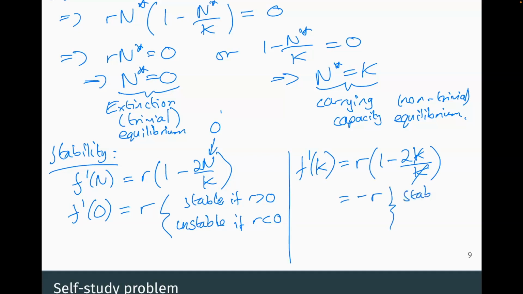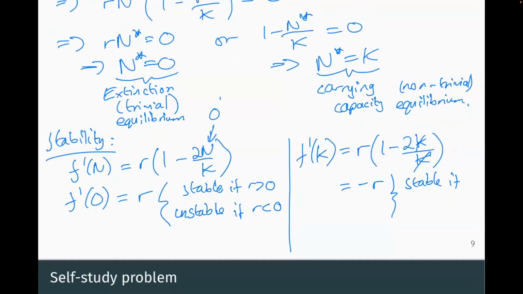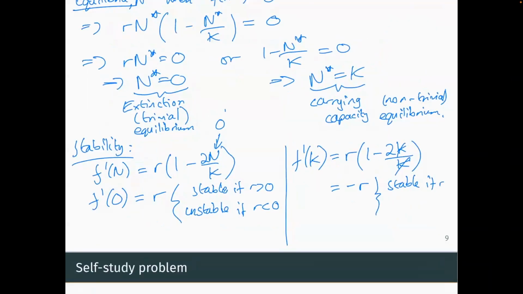So this is just going to be the opposite. Stable if r is positive, and unstable if r is negative.